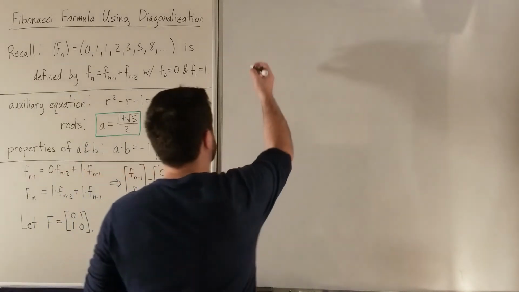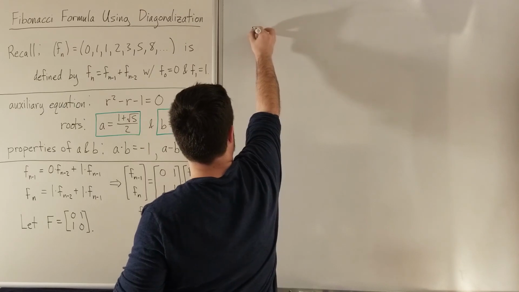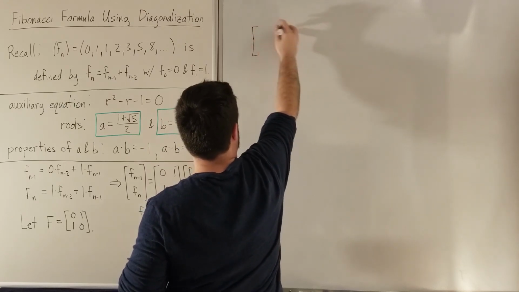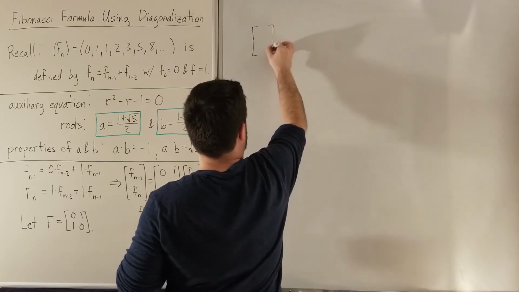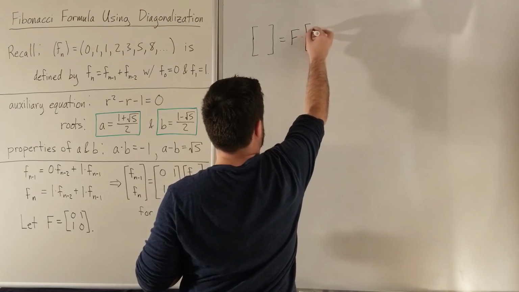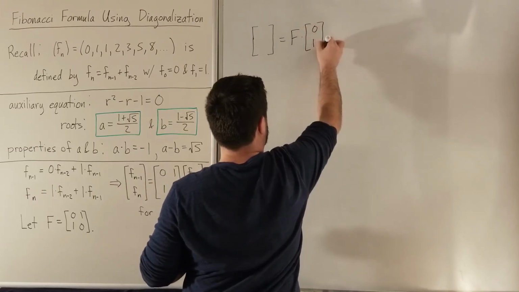So let's look at what we can do with F. First of all, because this works for any n greater than or equal to 2, I can take the first instance where this works, and I can say F multiplied by the 0th and the first term.